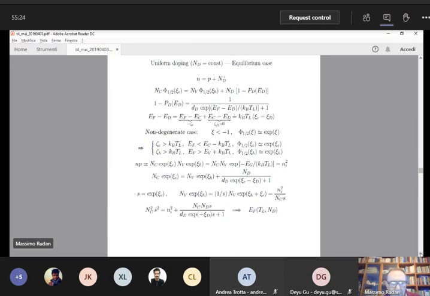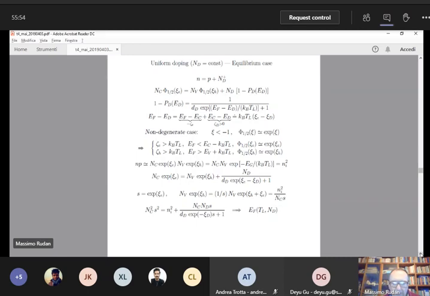When we increase the temperature, one electron will eventually make a transition from the valence to the conduction band. So we shall have one electron in the conduction band, one hole in the valence band. When the second electron makes the transition, we have 2 and 2, and so on. Okay, so in the intrinsic case, we have equality of N and P.